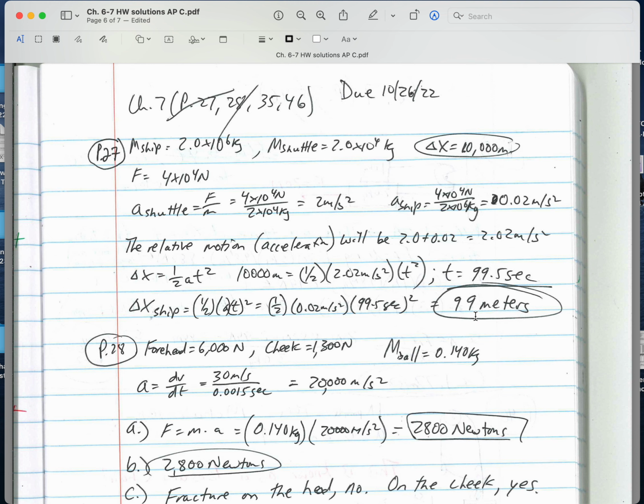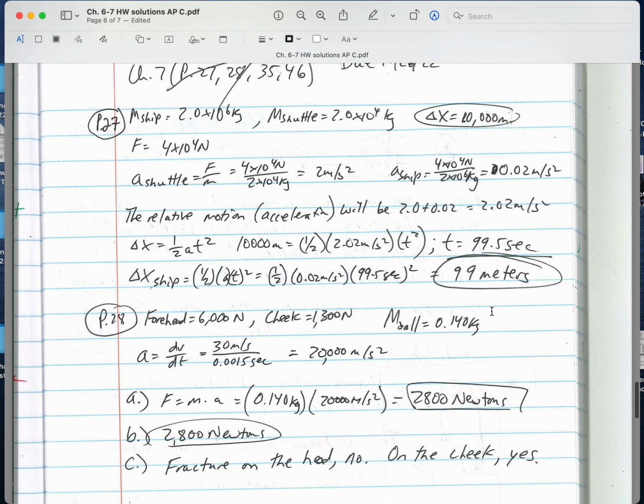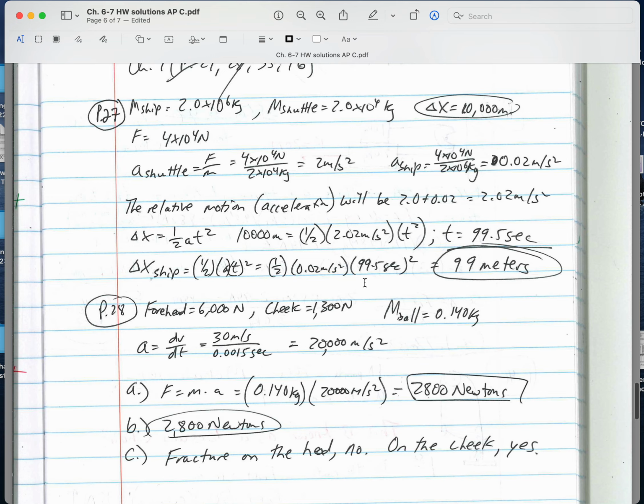I think it might have been 99.5. Oh no, 99.5 squared times that. So that's 99 meters. That means that the shuttlecraft moved around 9,901 meters, and the starship moved about 99 meters. So a little subtlety there.